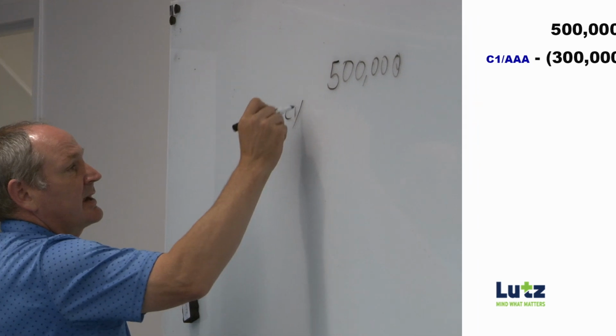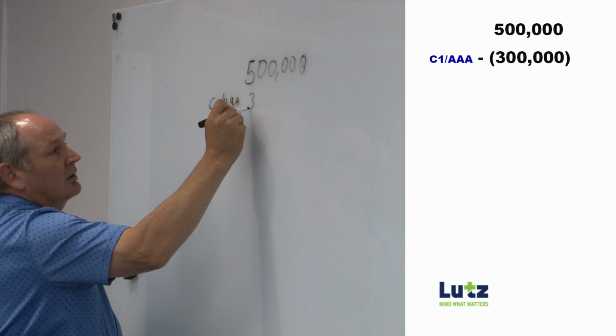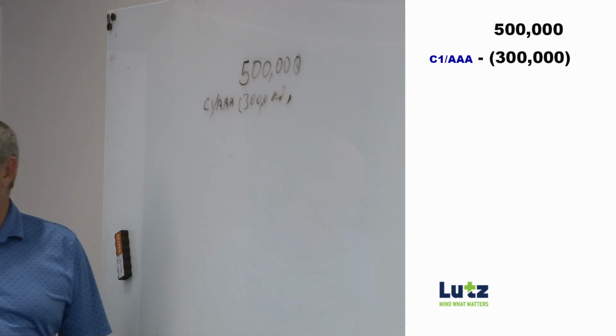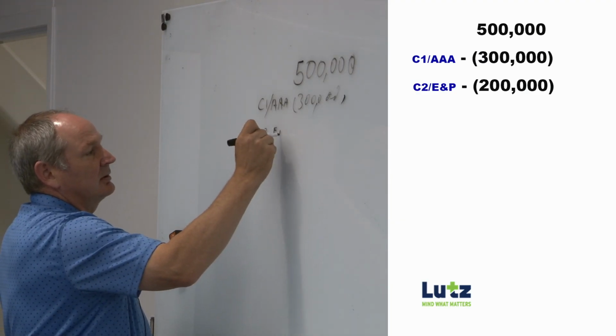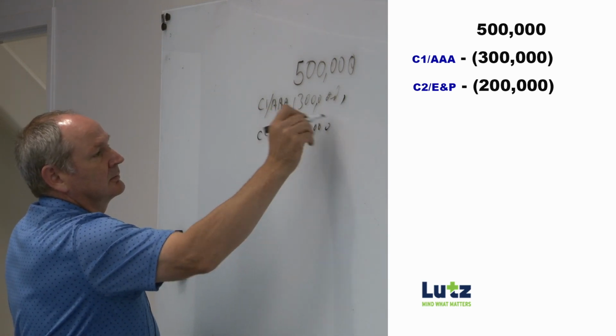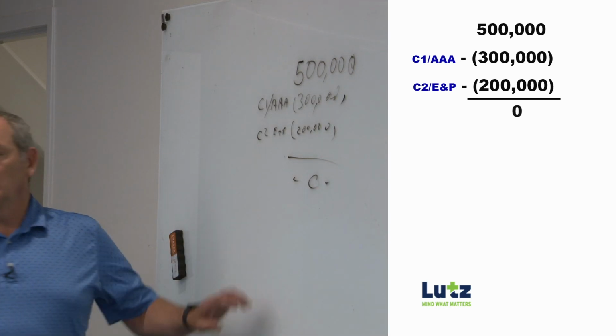C1, AAA, is going to account for 300,000 of that distribution. Then we got C2, E&P, which accounts for 200. So at the end of the level, I know I've accounted for all 500.